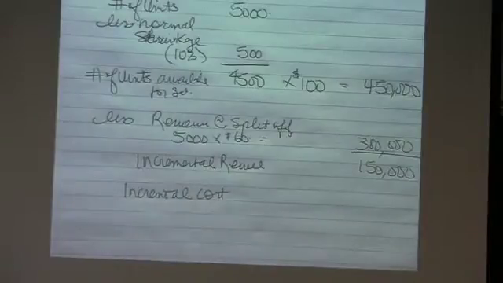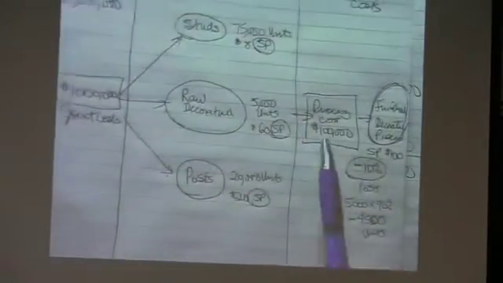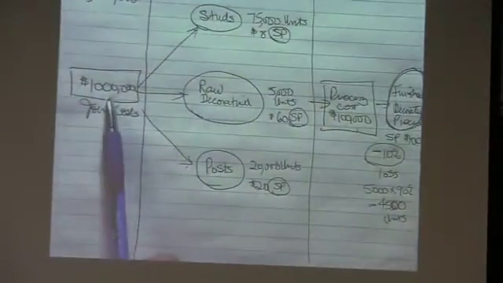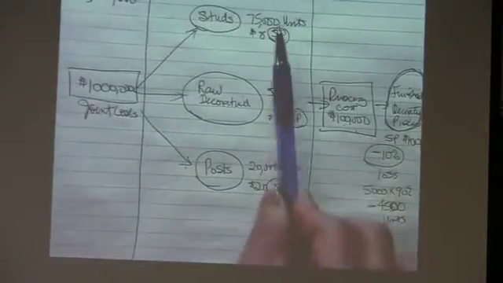So my incremental cost, if you think about it, is 100,000, because this is not relevant, because irrespective of whether we process it further or not, we're going to incur that cost anyway.